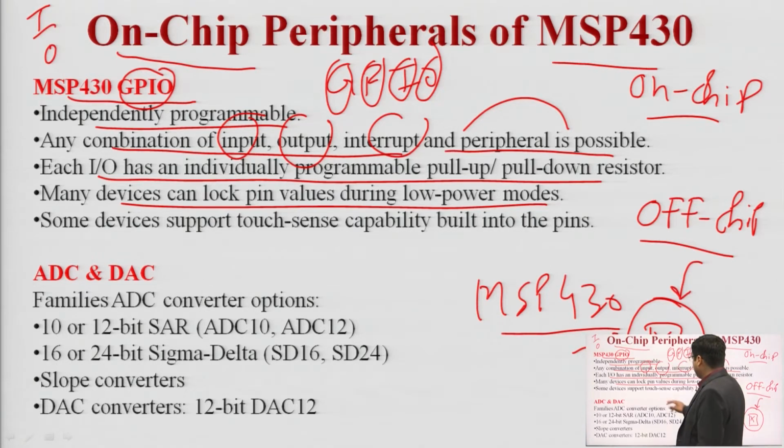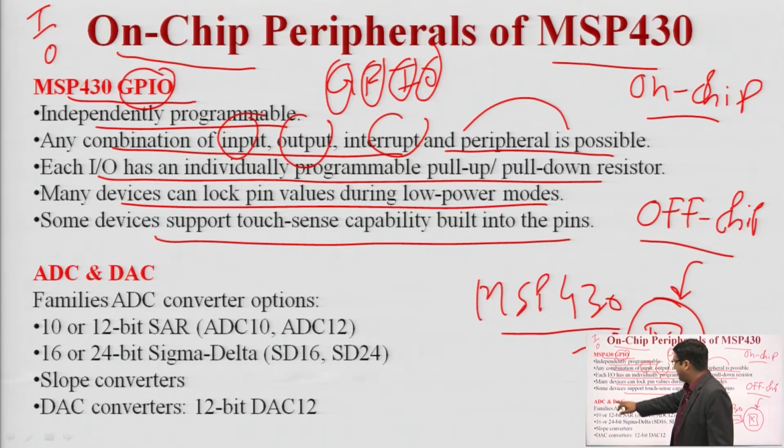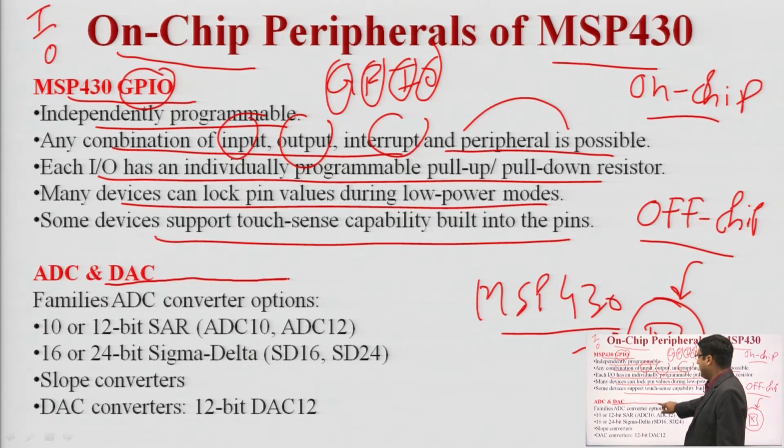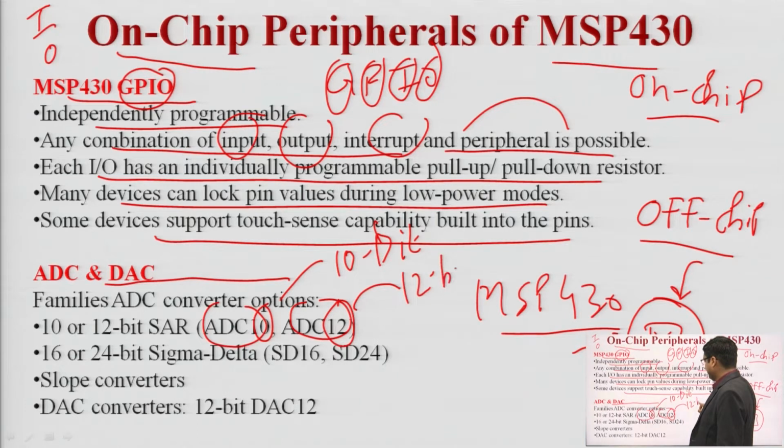Some devices can support touch sense capability built into the pins. It has touch sense capability, and there are other ADC and DAC peripherals available in MSP 430. ADC is available as ADC 10 or ADC 12. ADC 10 is available as a 10 bit converter and ADC 12 is available as a 12 bit converter.